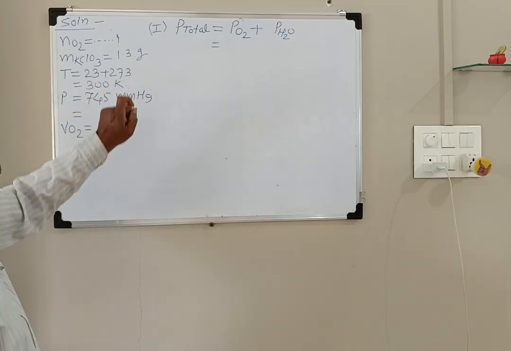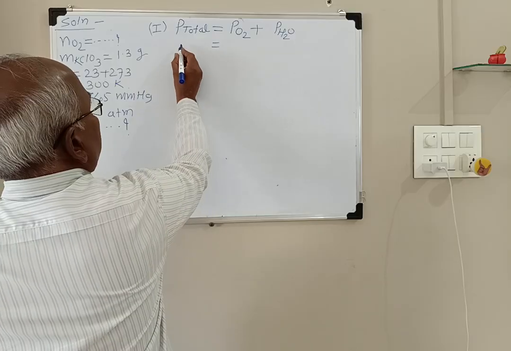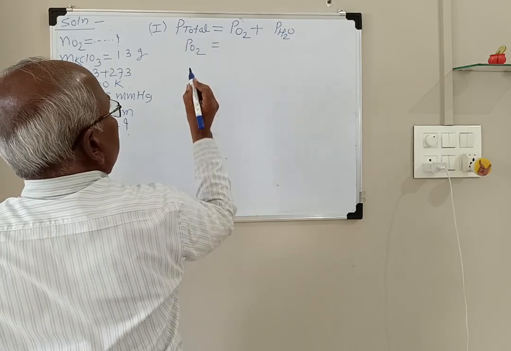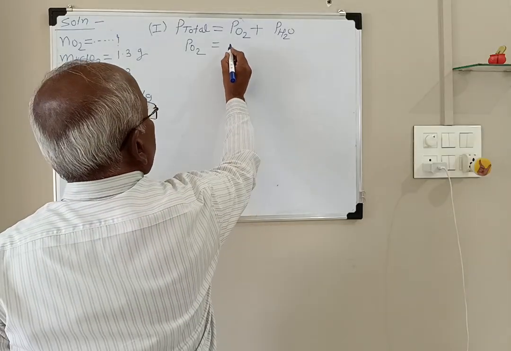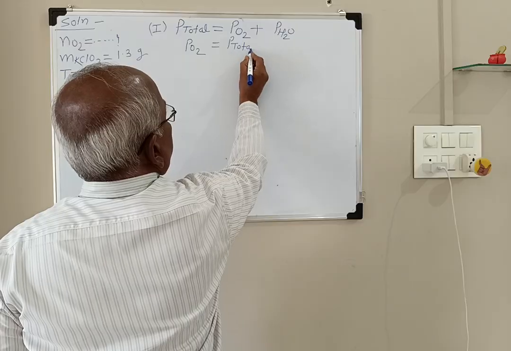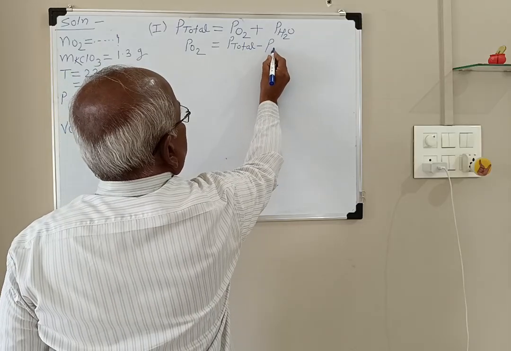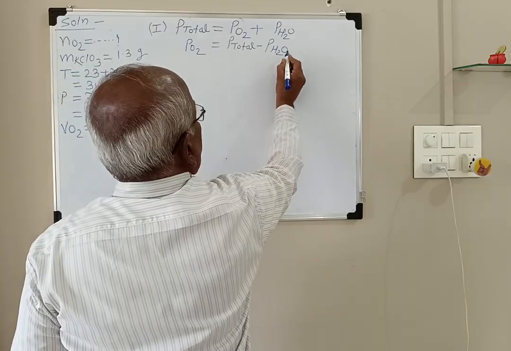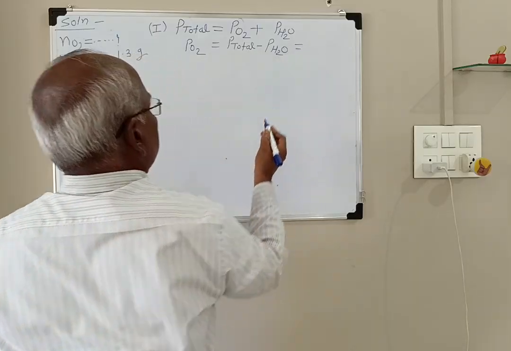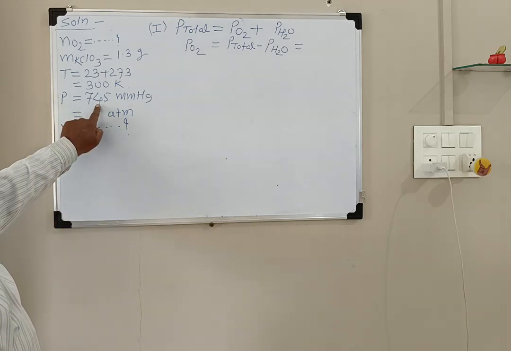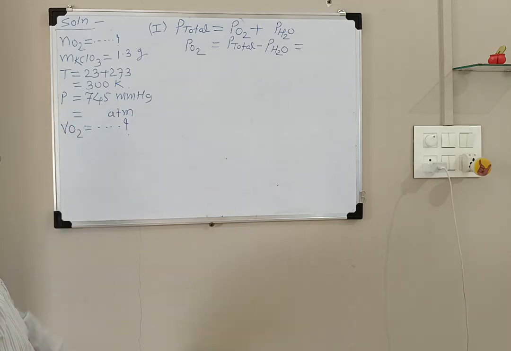We have to calculate the partial pressure of O2, that is equal to total pressure minus partial pressure of water. The total pressure is 745 mmHg.